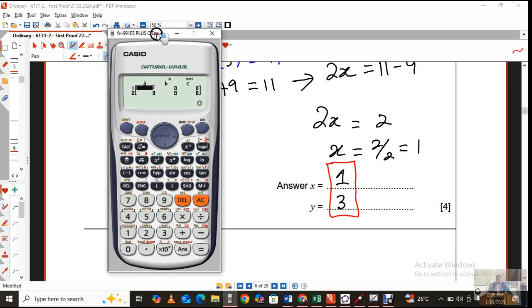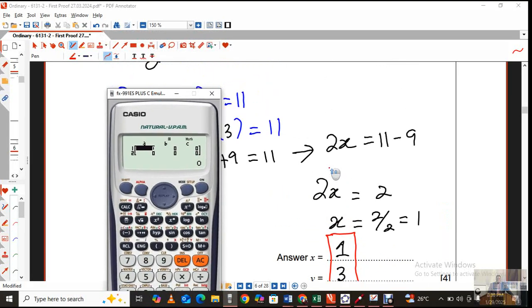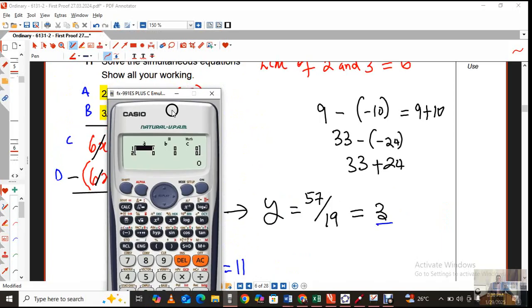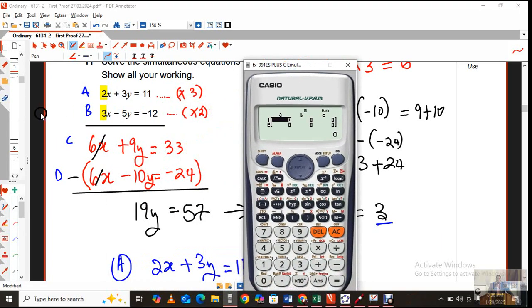I'll choose 1. So what I'm going to put in, if I go to my original equation A, the coefficient of x is 2, coefficient of y is 3, and 11. So I'll put 2, hit equal to. The b value is the one in front of the y, positive 3, hit equal to. And my value of c on the other side is 11, hit equal to.